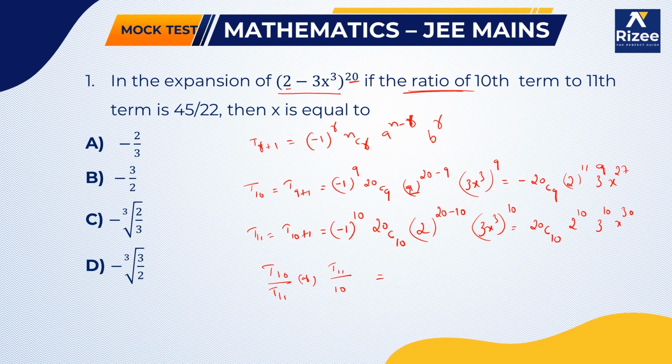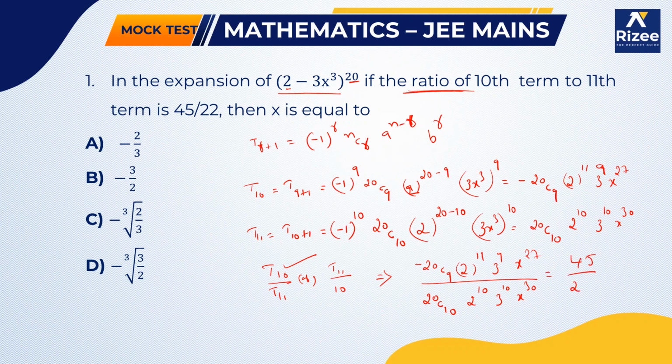In order to get the ratio of the 10th term and 11th term, we have to take t10 by t11, which is equal to minus 20C9, 2 power 11, 3 power 9, x power 27, by 20C10, 2 power 10, 3 power 10, x power 30, which is equal to how much? 45 by 22. By solving this, we get the answer.